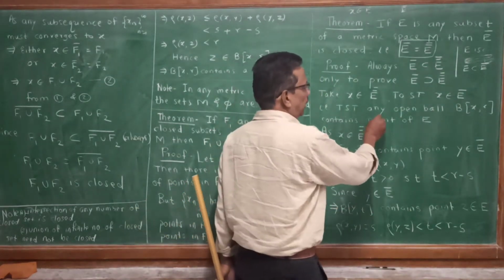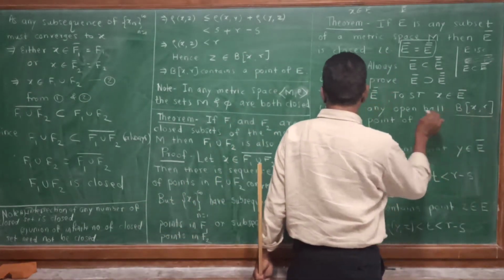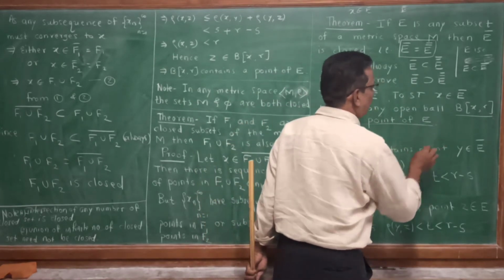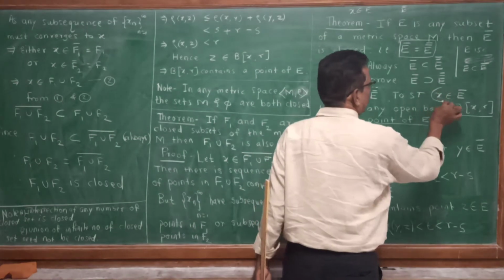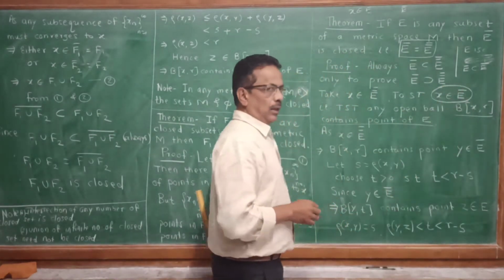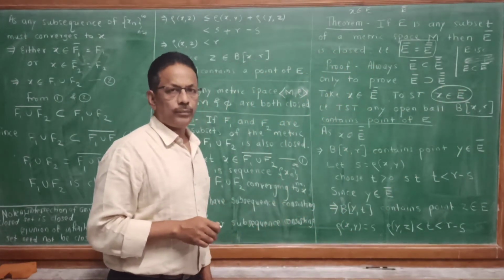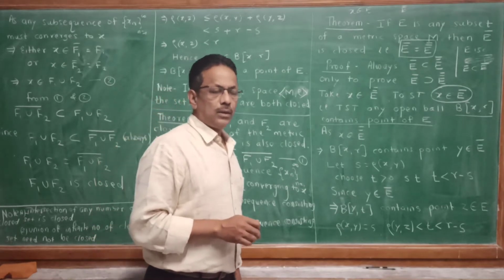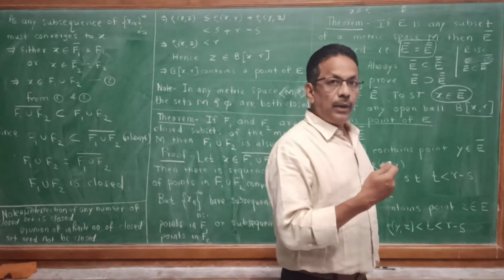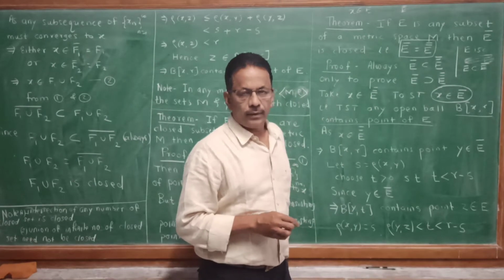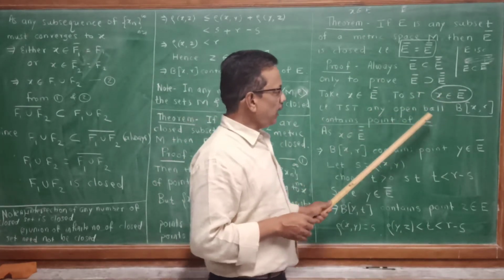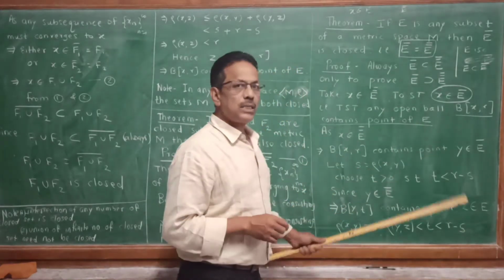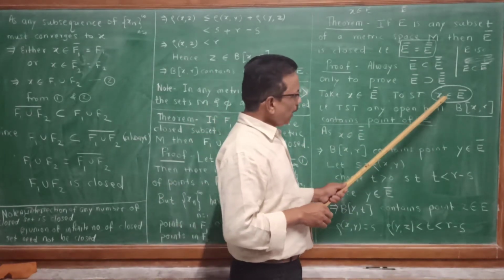To show that any open ball B of x, r contains a point of E. This is the meaning of x belongs to E bar. What is x belongs to E bar? x is a limit point of this set E. Therefore, to show that any open ball B of x, r contains a point of E. This is the meaning of this.